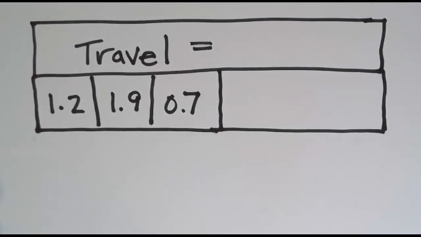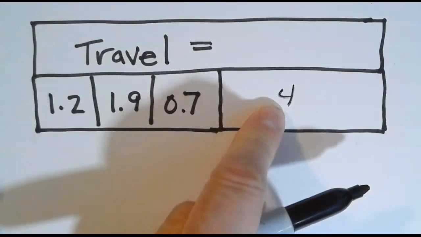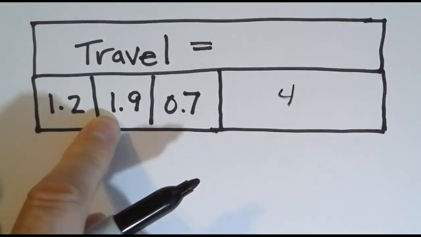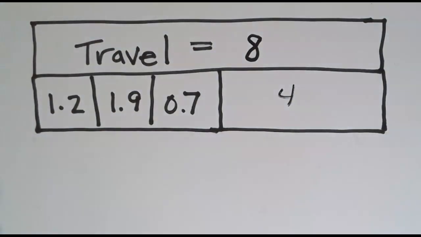So if I look at these 3 numbers, pretty easy math. 1.2 and 0.7 gives me 1.9, and 1.9 plus 1.9 would give me 3.8, or I could just say 1.9 is close to 2 and 2 plus 2 is 4. So roughly 4 miles there and 4 miles back. So the total travel distance is 8 miles, estimated.